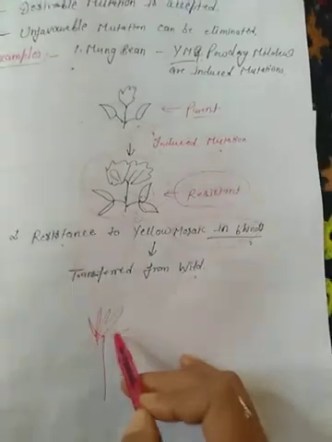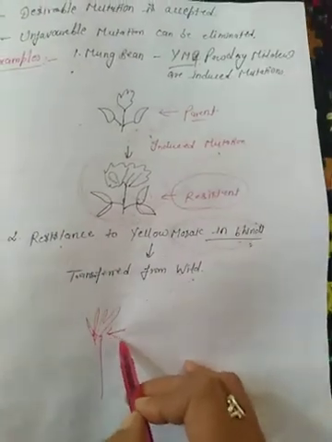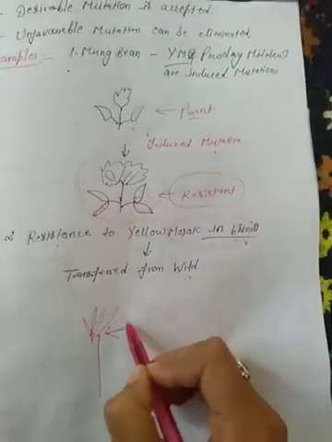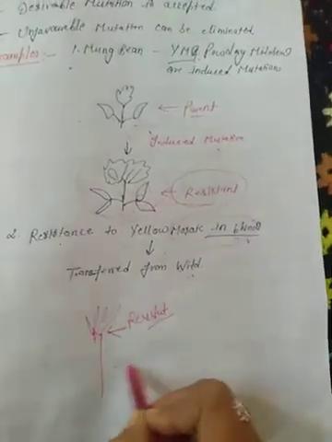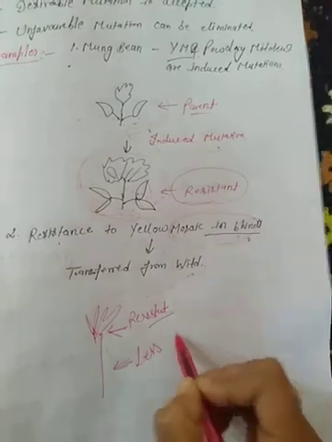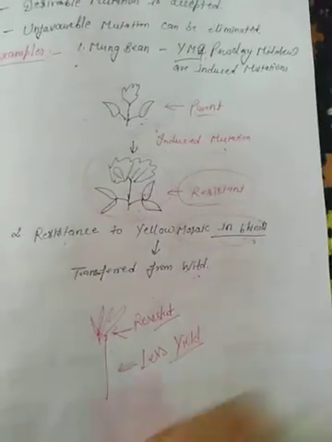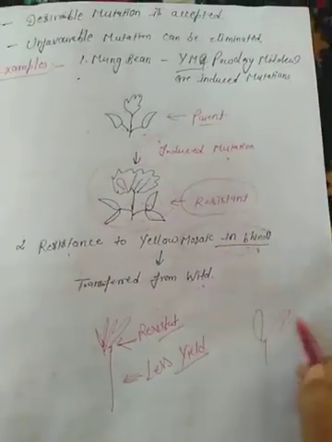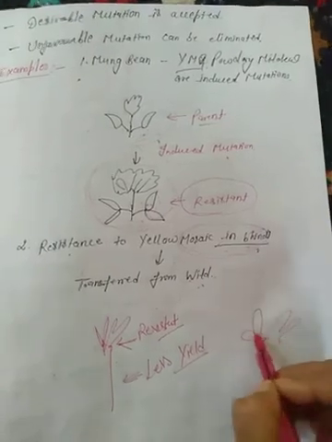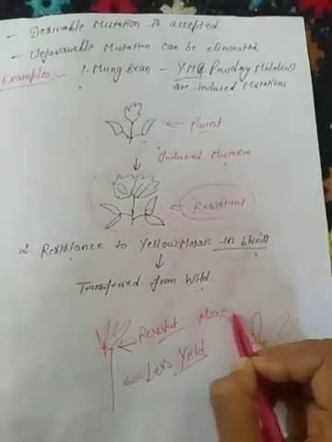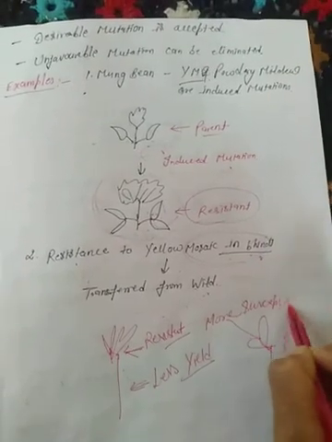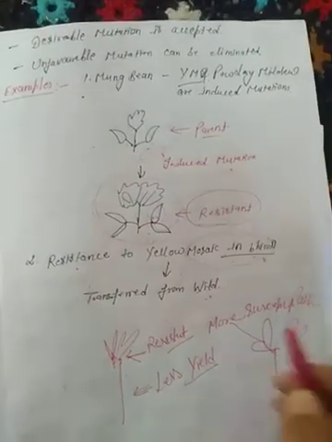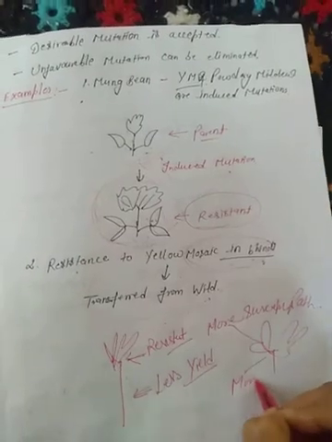This variety is more resistant towards the pathogens, but the drawback is that it gives less yield, right? And nowadays we have a different variety, which is susceptible towards the pathogens but gives more yield.